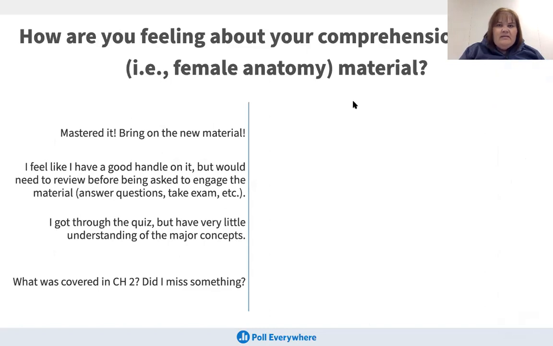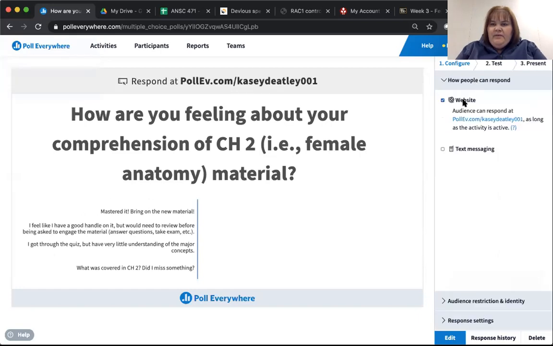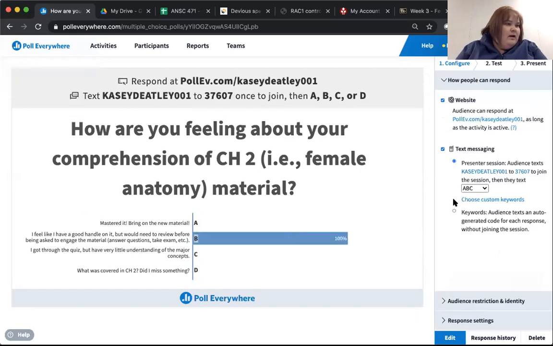If you want to submit to the website, it's polleverywhere.com/KCDatley001. Or you can text message as well. I've never done the text messaging, but it says to just put in my username, which is KCDatley001, and the number is 37607. And you can select A, B, C, or D.